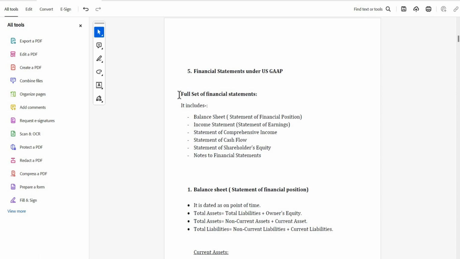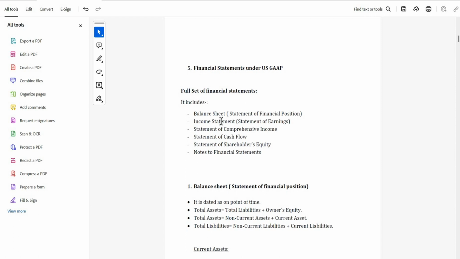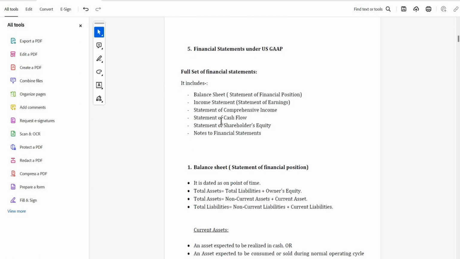We can have a simulation with multiple options and we have to choose them, forming the set of financial statements. So financial statements include the balance sheet. First we will have the balance sheet, then the income statement, going forward with the statement of comprehensive income, statement of cash flows, statement of shareholders' equity, and finally notes to financial statements.